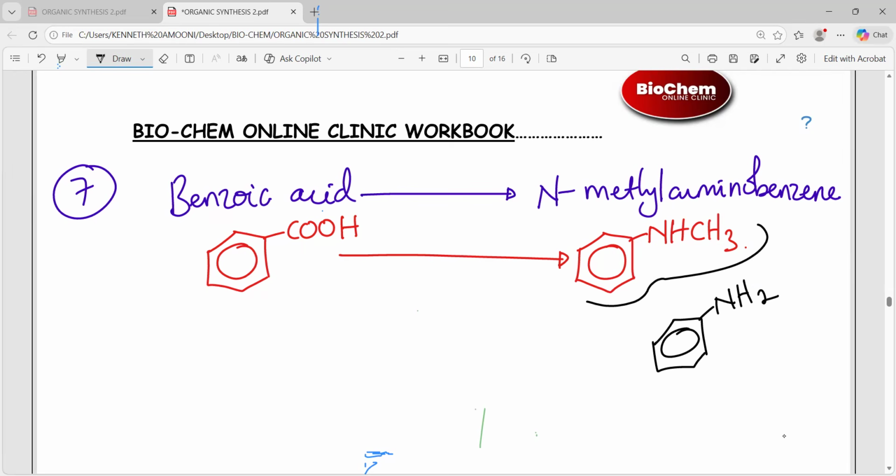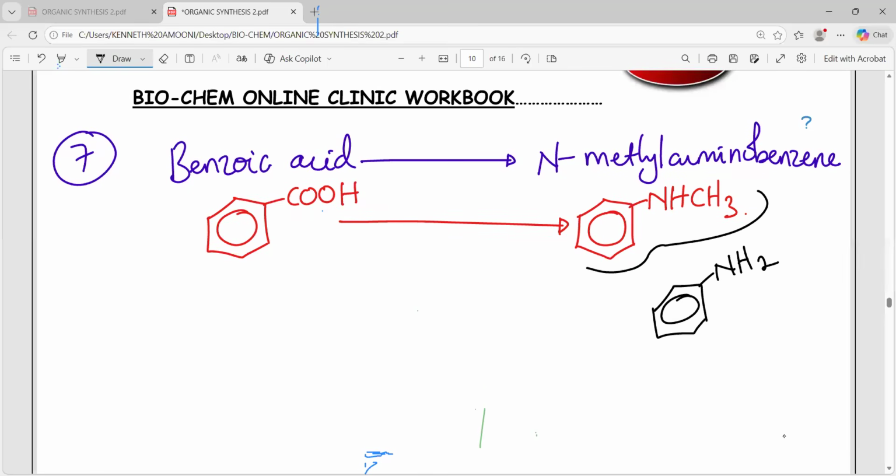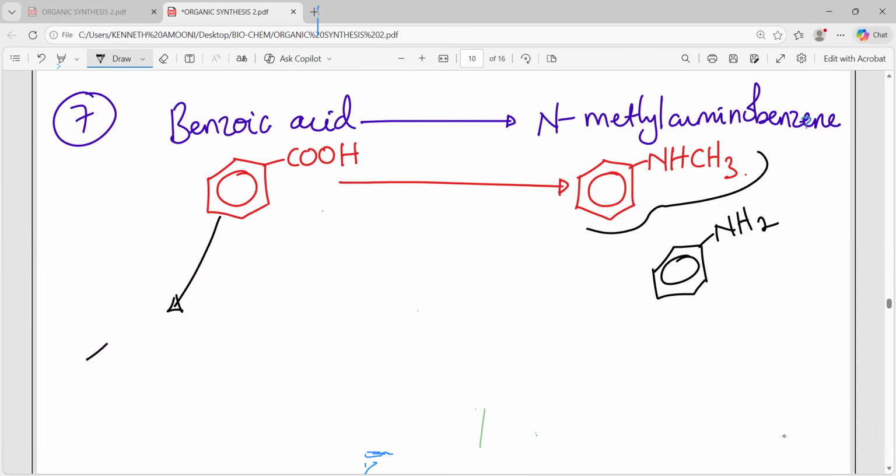So how are we going to move from benzoic acid straight up to aminobenzene? The first thing we can do is say that aminobenzene can come from nitrobenzene, isn't it? So we can first of all remove that carboxyl group.